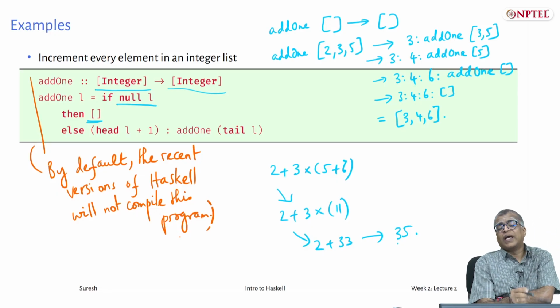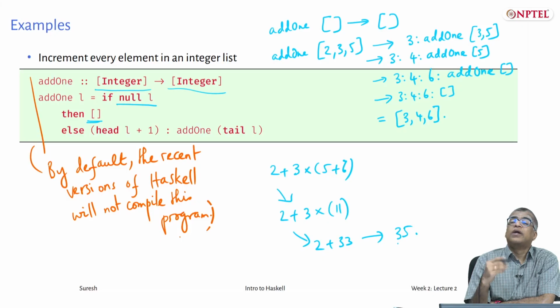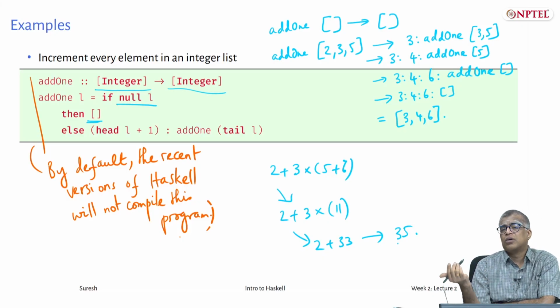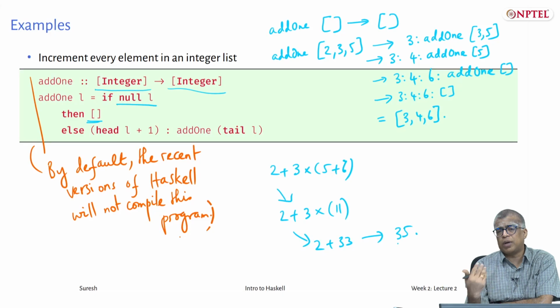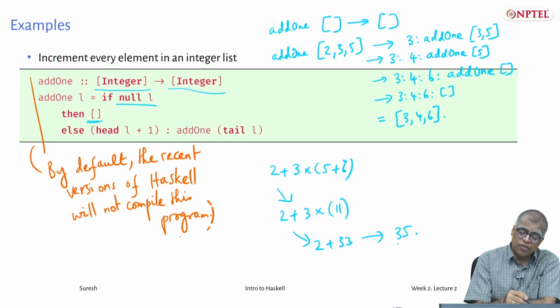Why? Because head and tail are unsafe functions, as I mentioned. It is possible for head to be applied on the empty list, therefore it's unsafe. It's possible for tail to be applied on the empty list, therefore it's unsafe.